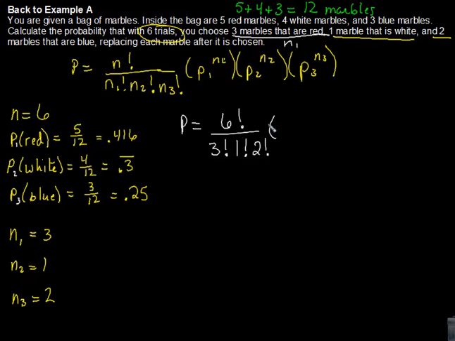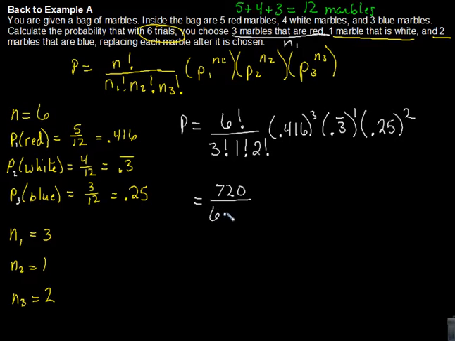And then I need to multiply that times my probability. So red to the power of 3 because I want 3 reds. And then white to the power of 1 because I want 1 white. And then blue to the power of 2 because I want 2 blues. Okay, 6 factorial is 720. Divided by 6 times 1 times 2.